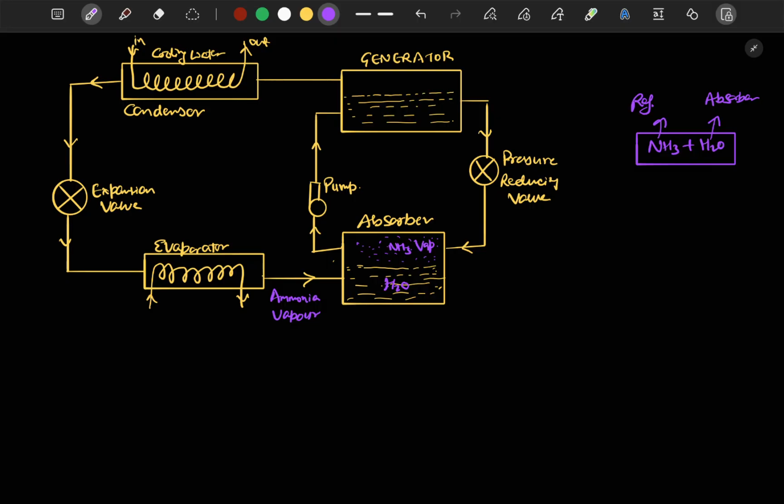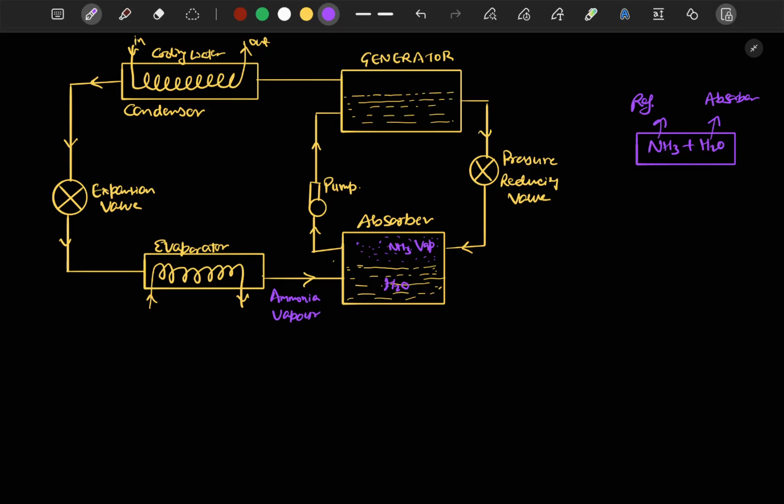As the temperature of the water is low, as the ammonia vapor exits the evaporator, the water in the absorber simply absorbs it. While absorbing, the heat of the ammonia vapor is retained by the water, and hence the water temperature increases.